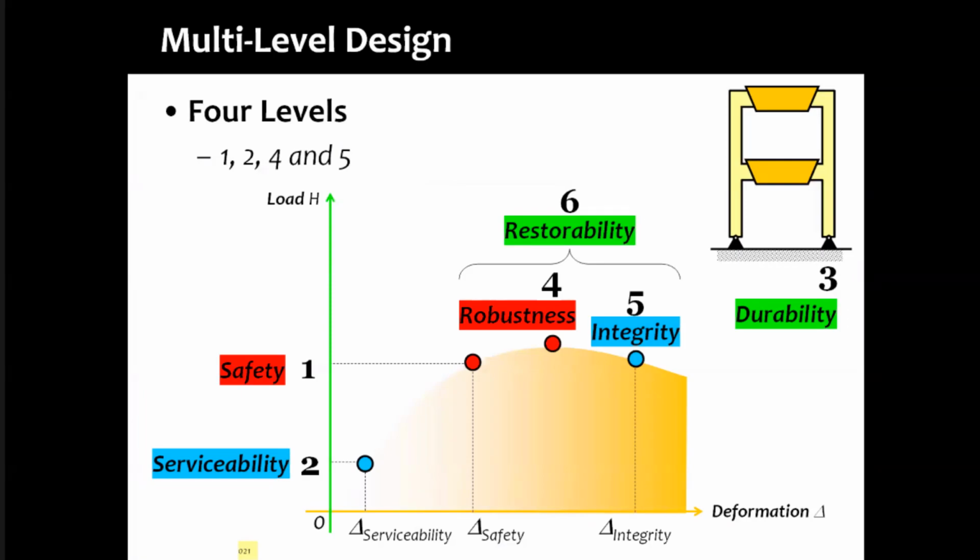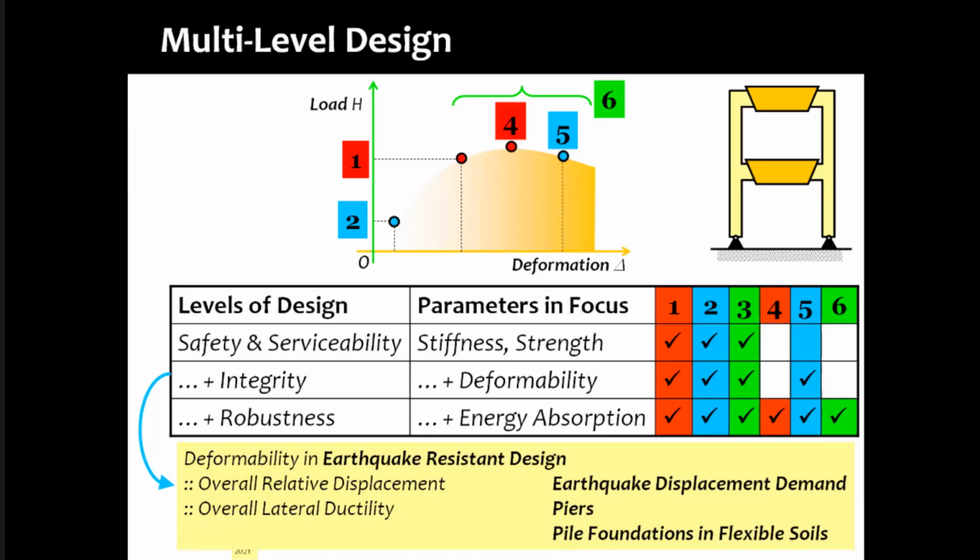And in bridges also, you will be doing integrity check, which is nonlinear analysis based. And that is why I'm warning all the colleagues here that it's time to improve the skill set in the road ahead. So for earthquake resistant design, displacement will become a focus for us, and piers will take most of our attention, and pile foundations and flexible soils will require extra attention from us, because they are going to swing back and forth, and we need to understand their behavior.